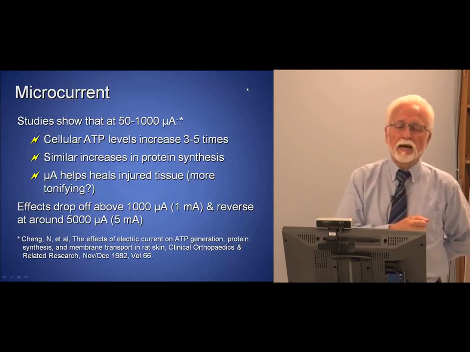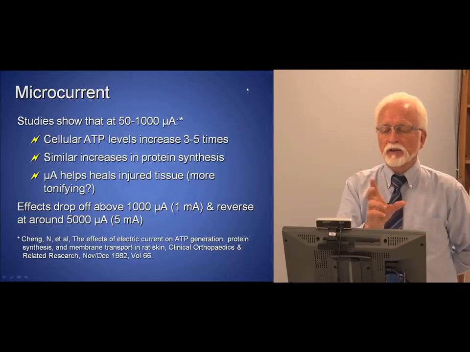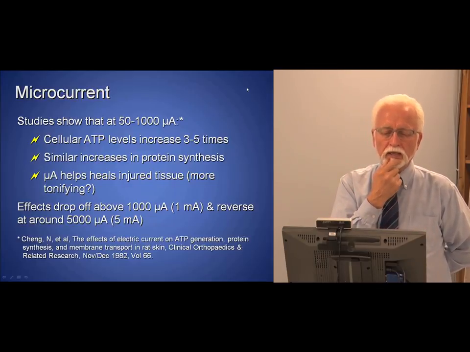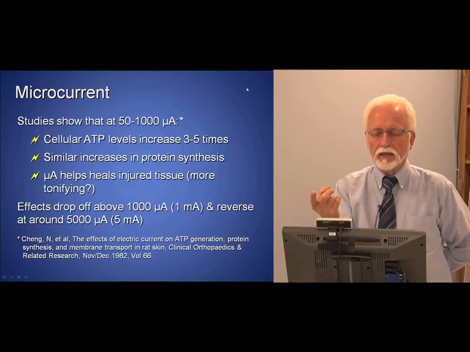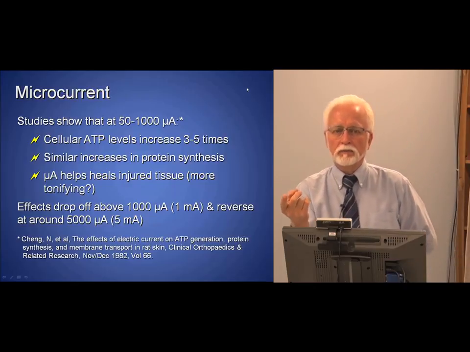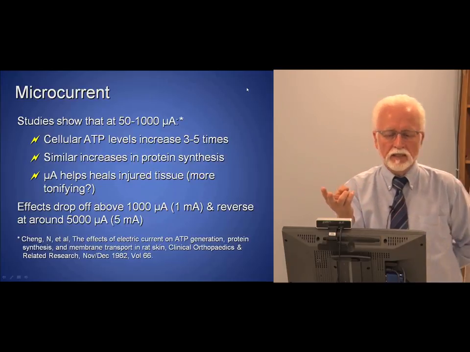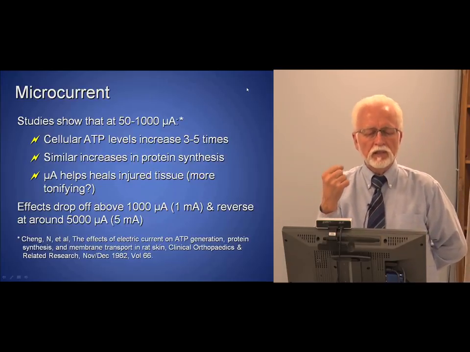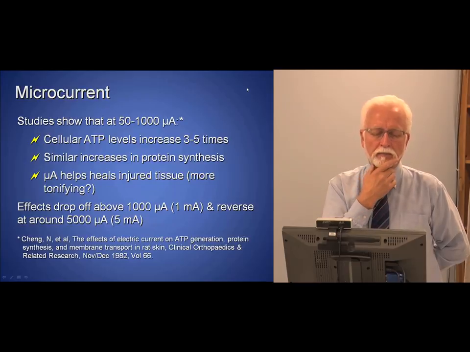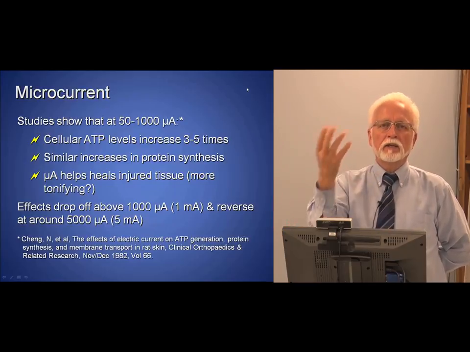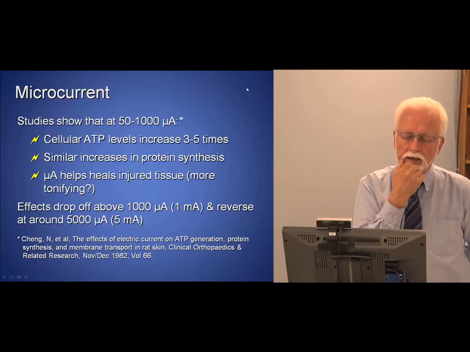Studies show that at 50 to 1,000 microamps, that small range, you get an increase in cellular ATP, 3 to 5 times. You get a similar increase in protein synthesis. So you could say, and this is used actually in medicine, microamps help heal injured tissue because they increase cellular energy.